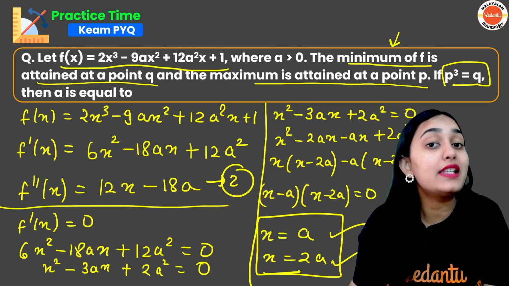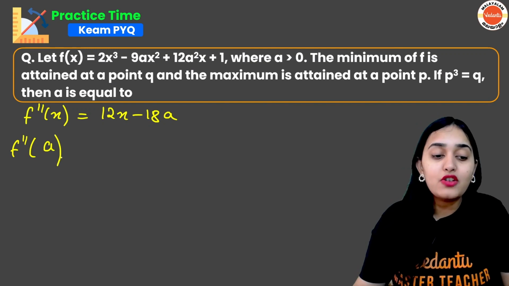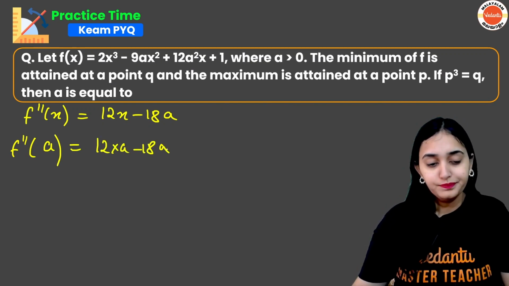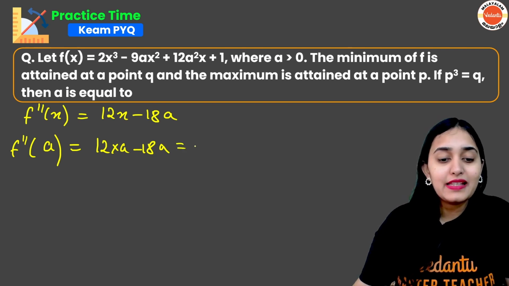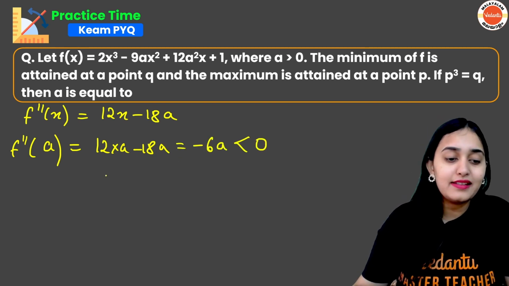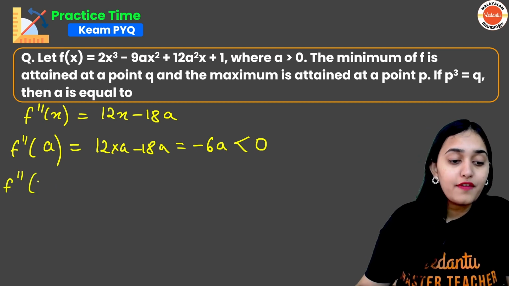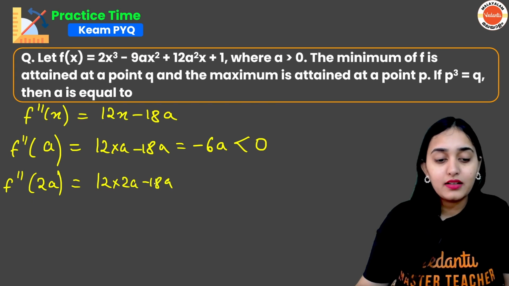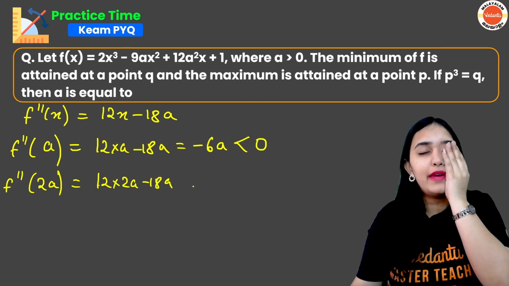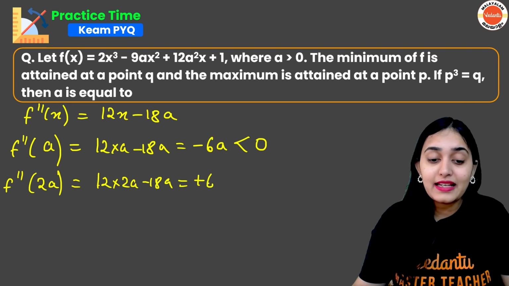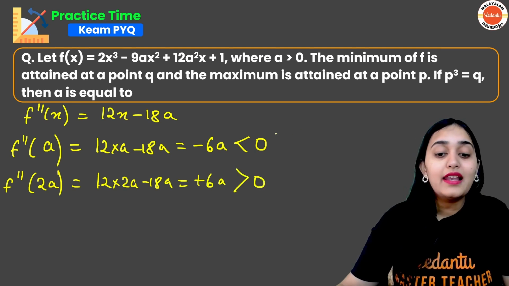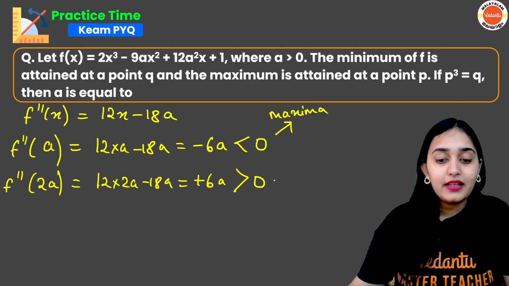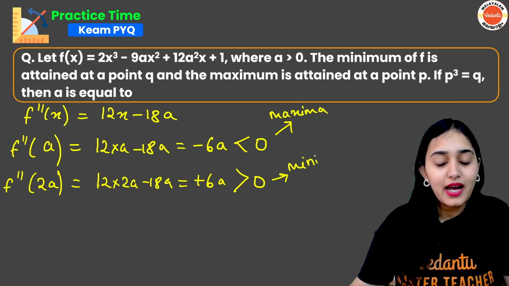At both the points we will check the value. f double dash of a is 12 into a minus 18a. 12a minus 18a is minus 6a, less than 0. f double dash of 2a is 12 into 2a minus 18a. So 12 2s are 24, 24 minus 18 is plus 6a. This is greater than 0. Less than 0, maxima. Greater than 0, minima.